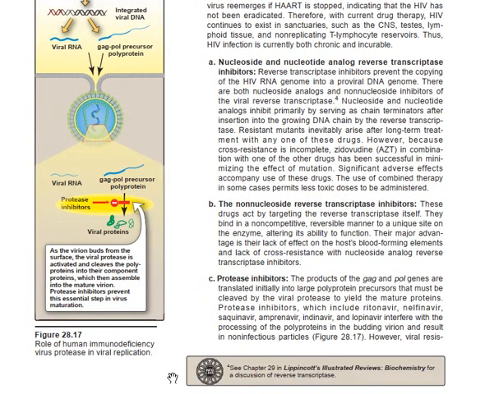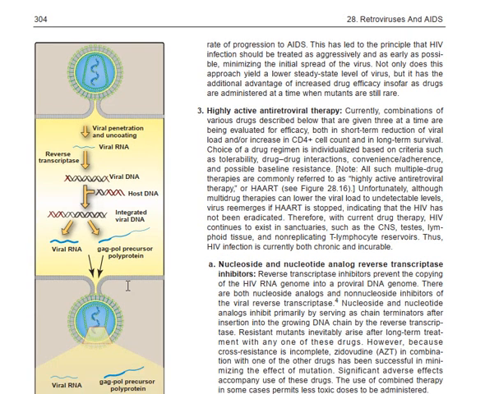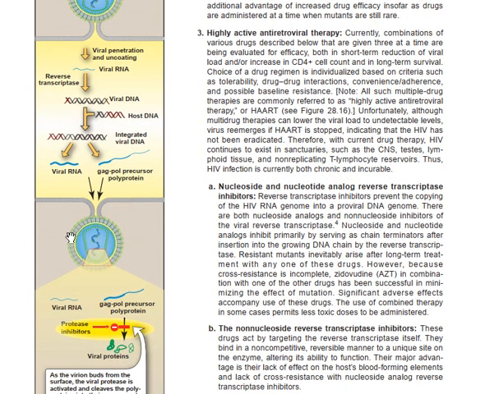So what is the role of the human immunodeficiency virus protease in viral reproduction? What happens in immunodeficiency is that the virus penetrates. You are going to have viral DNA, and it takes the host mechanism of the cell.